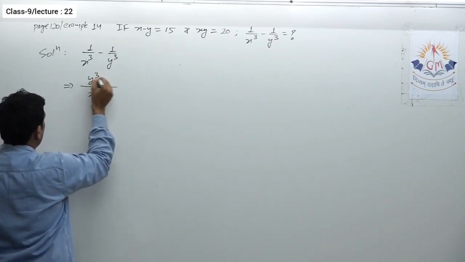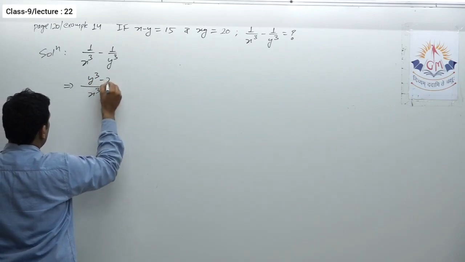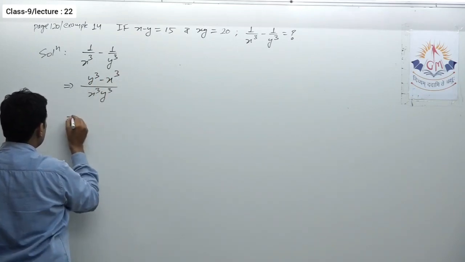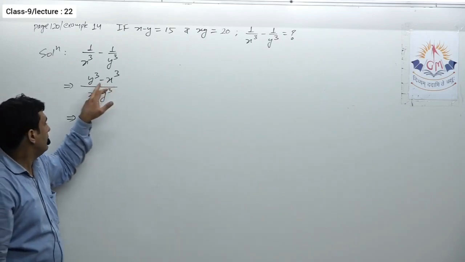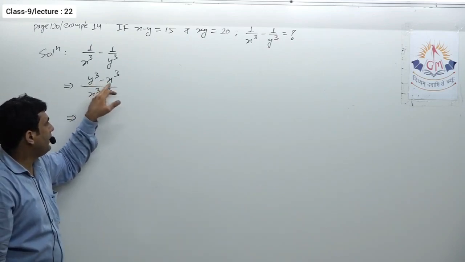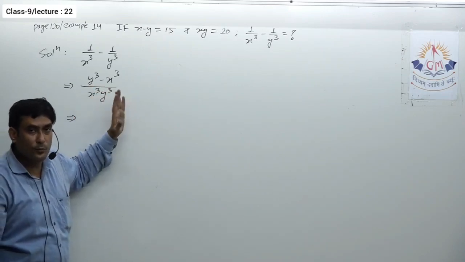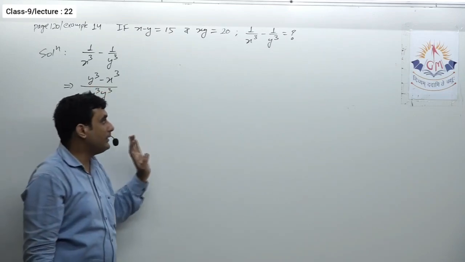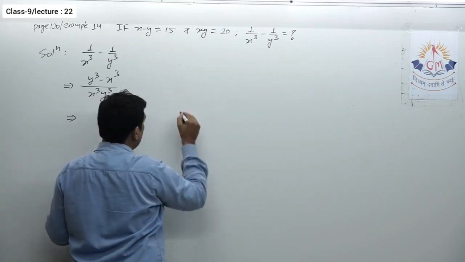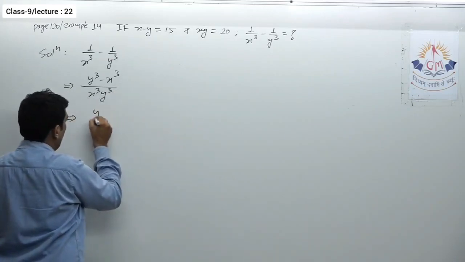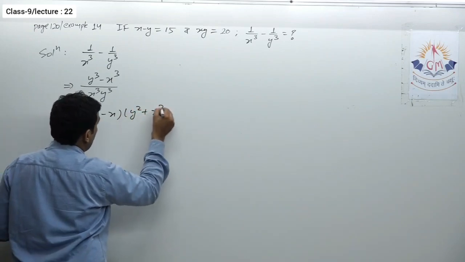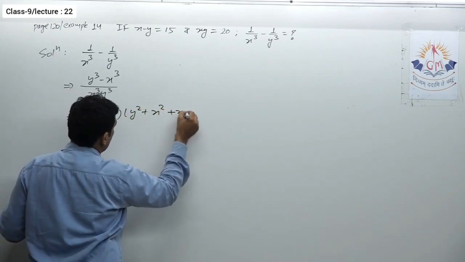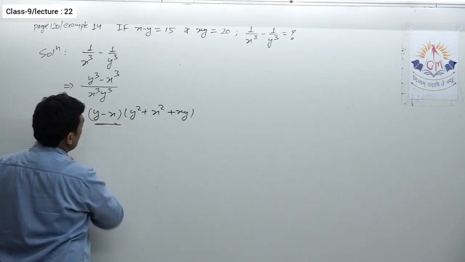I hope you know how to add or subtract fractions. Here I get y cube minus x cube. This is a cube minus b cube, and we have its identity. If I apply the identity, I will get y minus x into y square plus x square plus xy.